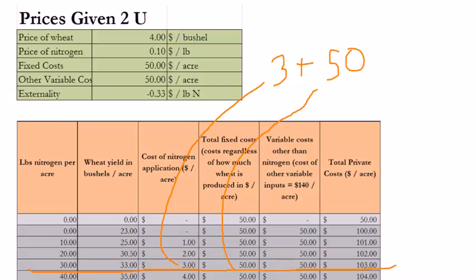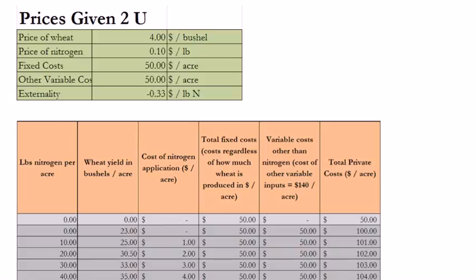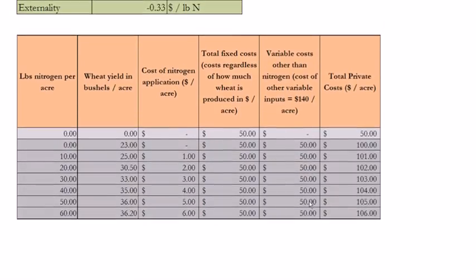The other variable cost is $50, and so our total costs are $103. And if you do that for all the rows, all the different values of nitrogen, you get these costs. You see, as you increase nitrogen so that you can increase wheat yield, your costs do go up.